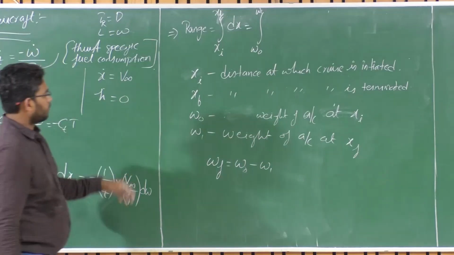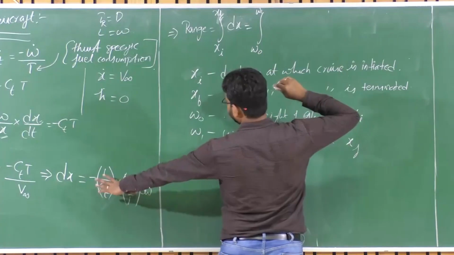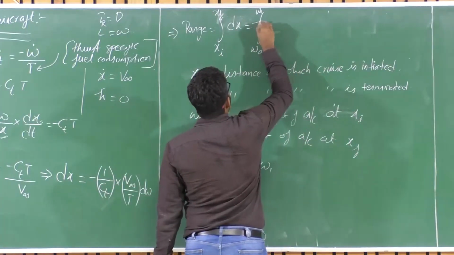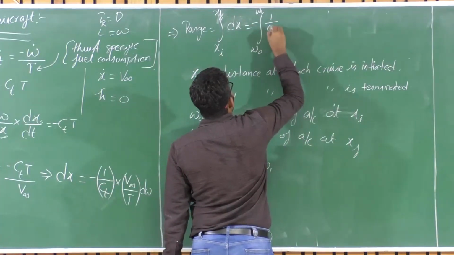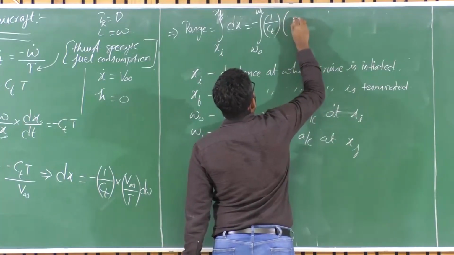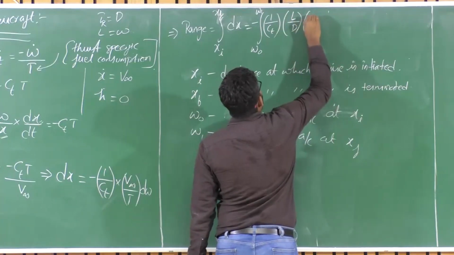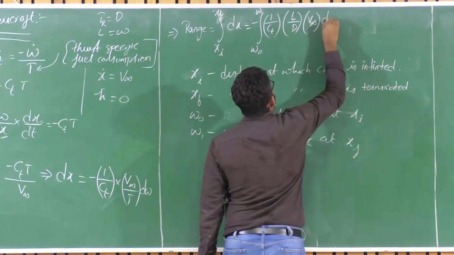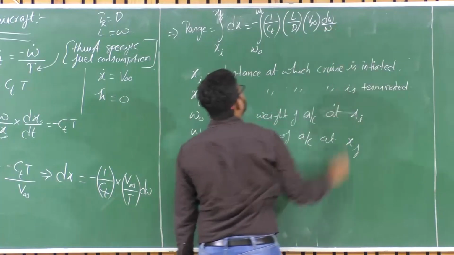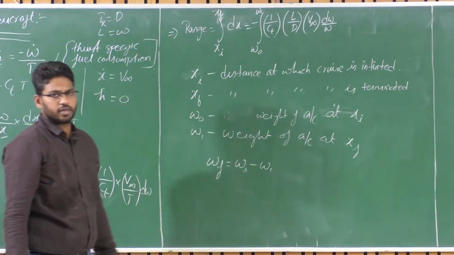So now this is nothing but integration of this particular equation. This is minus 1 upon Ct times L upon D times V infinity times dW upon W, where W is the instantaneous weight of the aircraft.